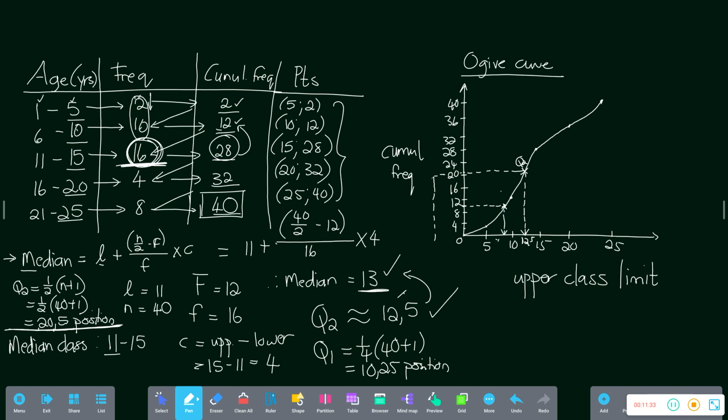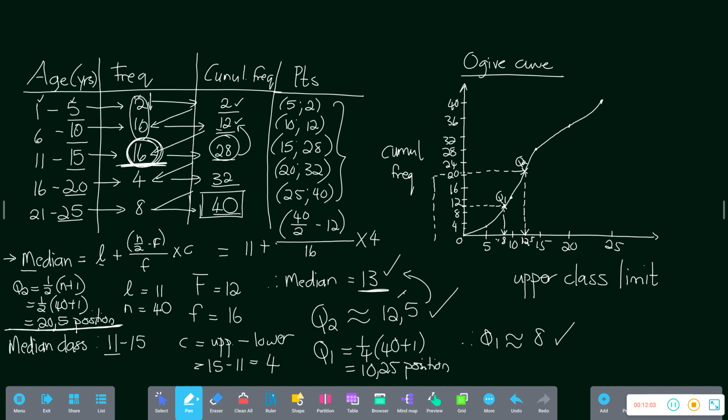That's the value of Q1. I can guess and say it's much closer to 10 than it is to 5, so perhaps this value here is 8. Therefore, Q1 is approximately 8. It could be 9, or it could be 7,5, but you are well within the range for us to mark it correctly.